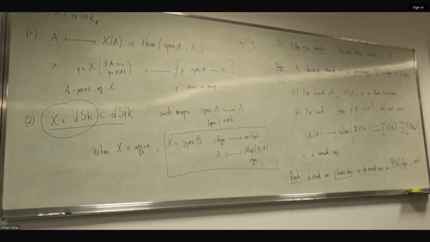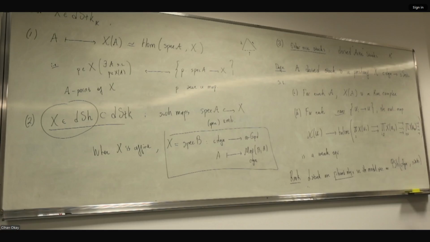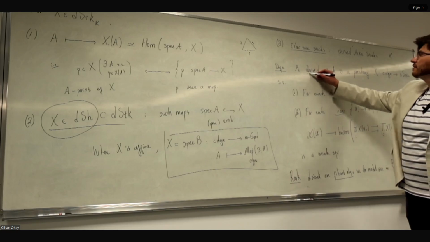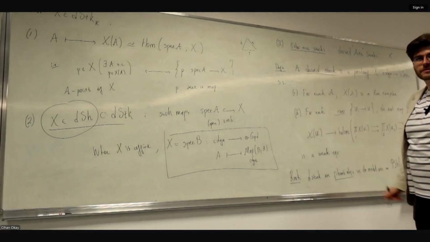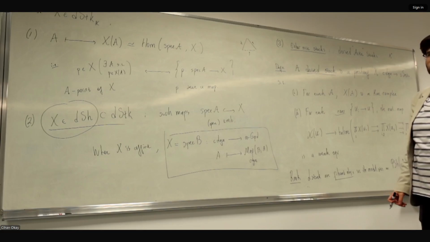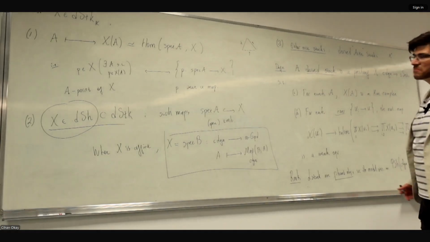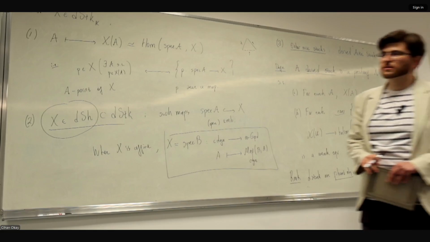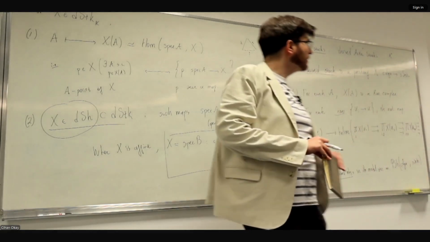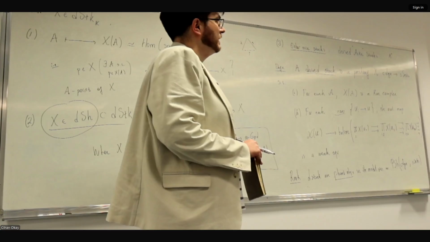Then of course you can discuss such things. I don't know, maybe useful, maybe not. I guess the reason I'm asking is I want to see classifying spaces somehow, and you could do something with the Galois groups or something. Could be. It's a good question, but I don't know.